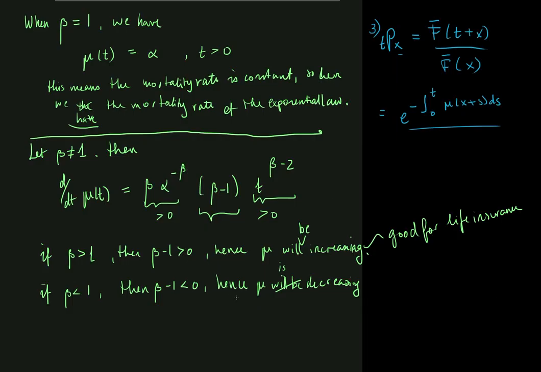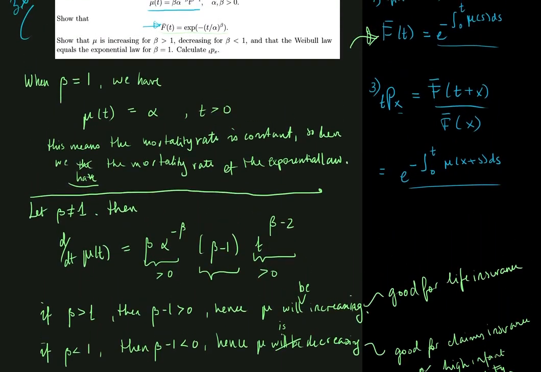And if beta is less than 1, then the mortality rate will be decreasing, which means good for claims insurance, like in non-life, or high infant mortality. So it can work in certain different setups.